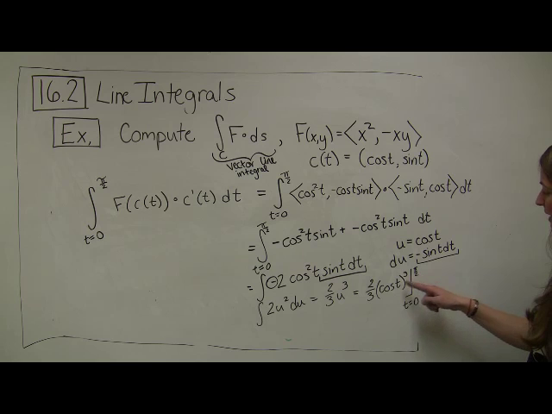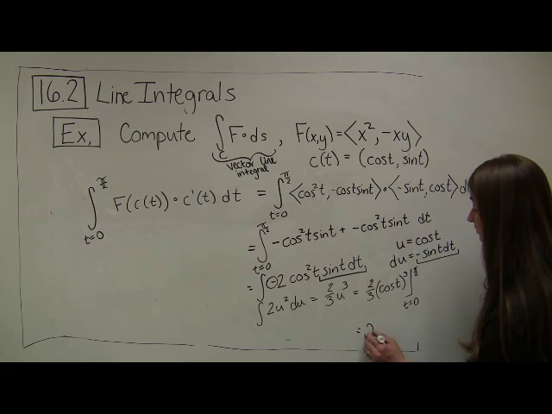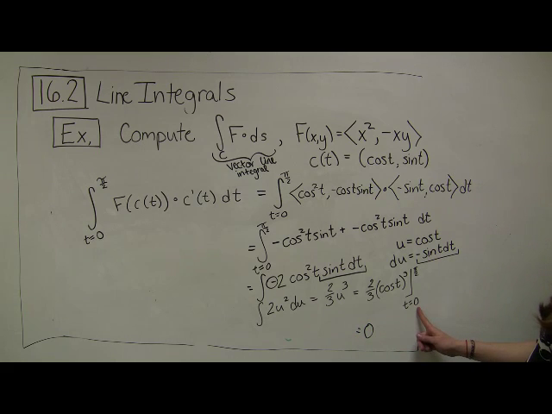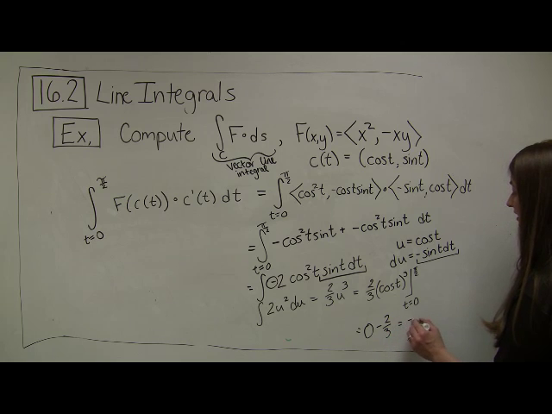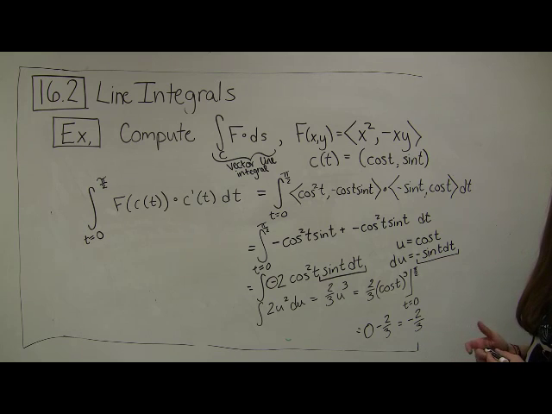The cosine of pi over 2 is 0. And the cosine of 0 is 1. So I end up with negative 2/3. And that's my final answer, negative 2/3.